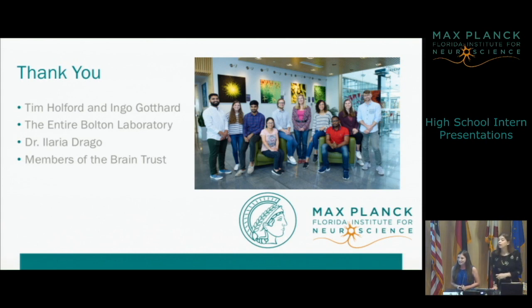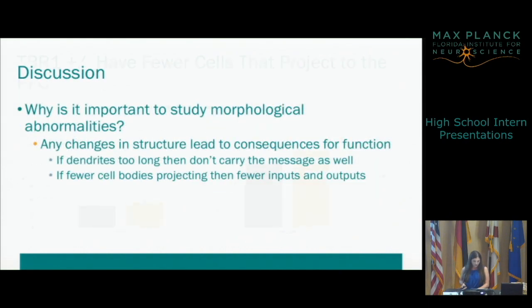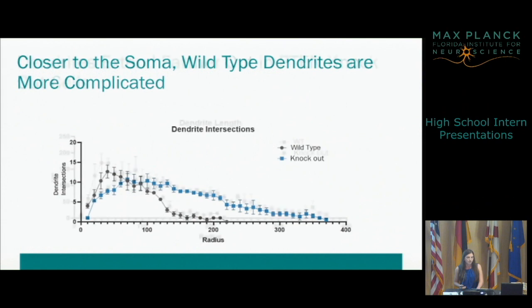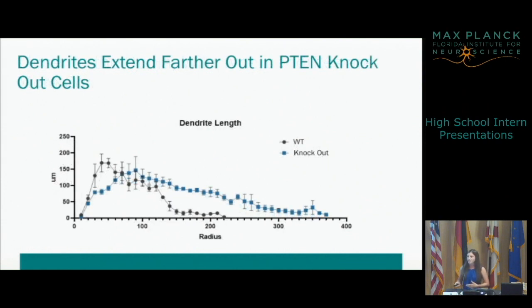I was wondering what was your sort of aha moment, were there surprises along the way that were unexpected? The question was, what was the aha moment? The aha moment that I saw was when this graph was made comparing the dendrite length, because as I'm staining them and taking focal images or tracing the dendrites, it's hard to see the difference of the two cells.